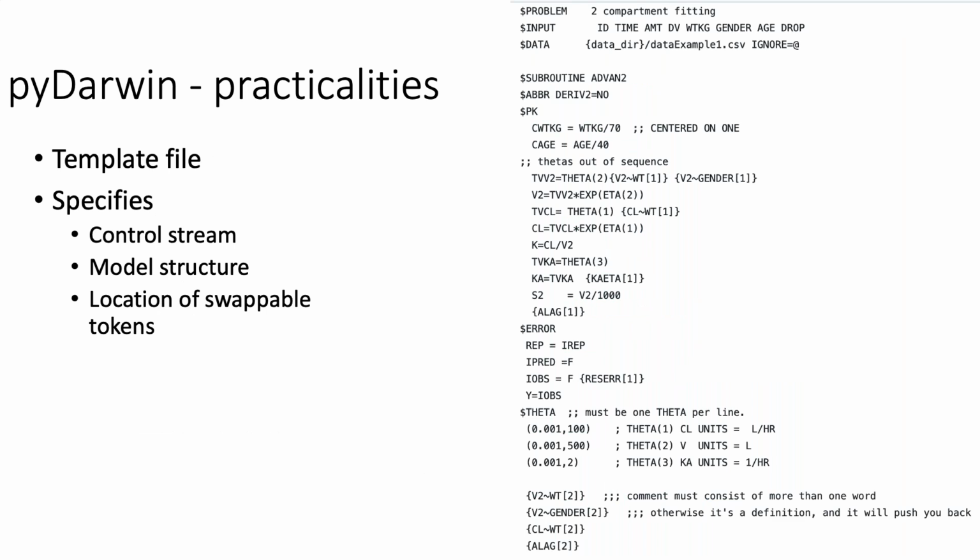Here's a template file. Again, you see that this looks like a control stream. It has a model structure here. It has swappable tokens, for example, V2 tilde gender 1, V2 tilde gender 2, under the $THETA. So you can see where code bits would be swapped out. It gives the general model structure.